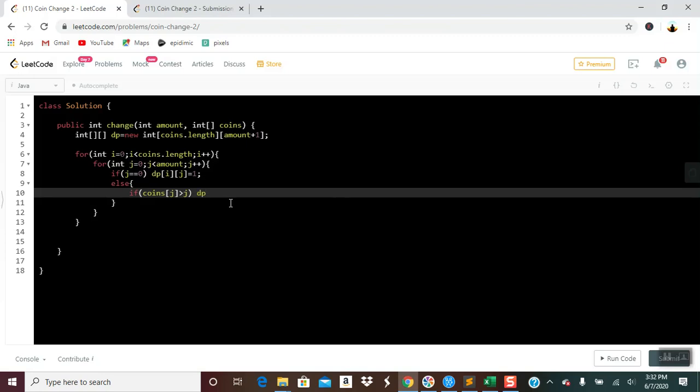So let's program dp of i j is equal to dp of i minus 1, the previous value, j.